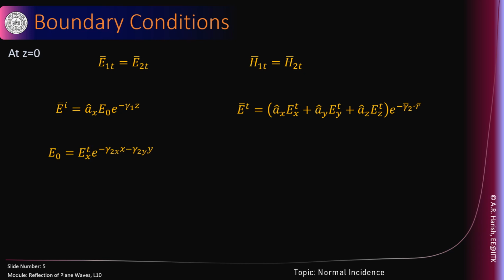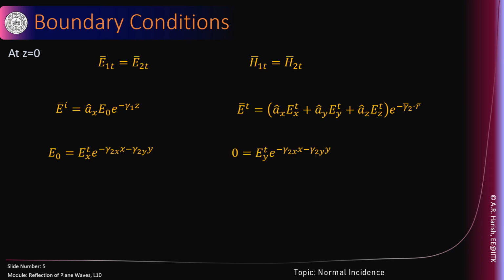Just write E naught, and e to the power of minus gamma 1 z will be equal to unity, and the x component of the second equation Et is EXT e to the power of minus gamma 2x x minus gamma 2y y, and the third part, minus gamma 2z z, is removed because we are evaluating at z equal to 0. Perfect.